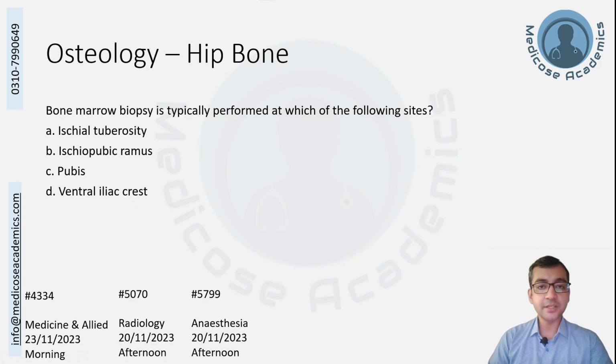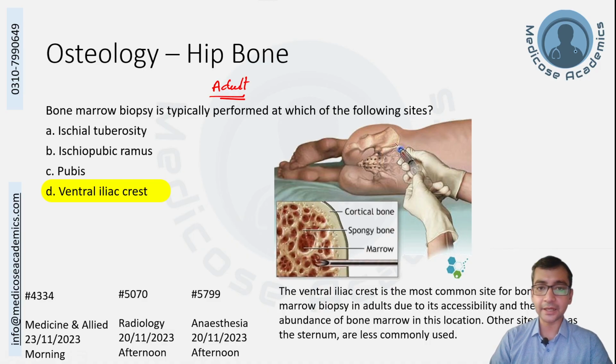Bone marrow biopsy is typically performed at which of the following sites? Again, a very commonly asked question. Now notice that in the question you have not been given the age of the person. Whenever you are not given an age of a person, you will assume that that person is an adult. So in adults, the good place to take the sample is the iliac crest.